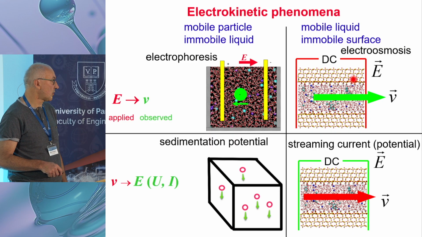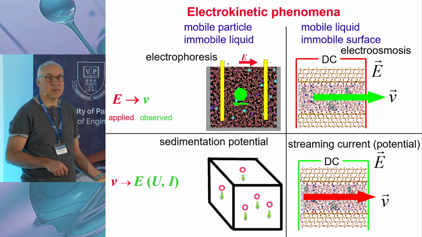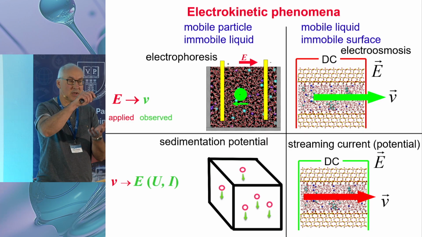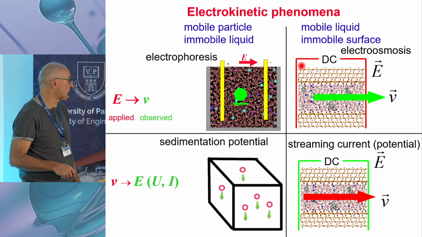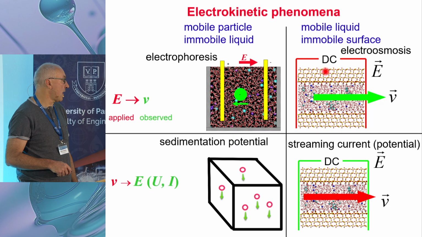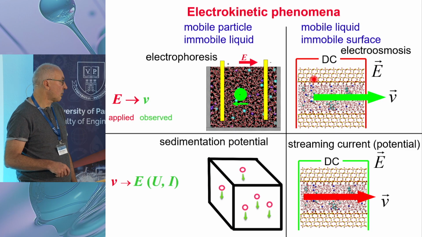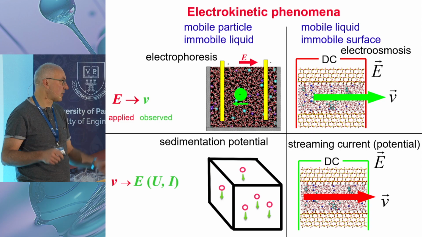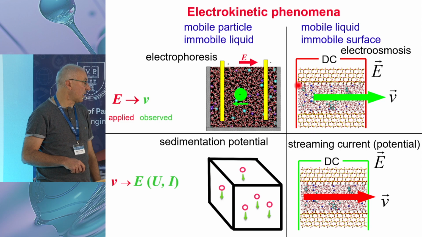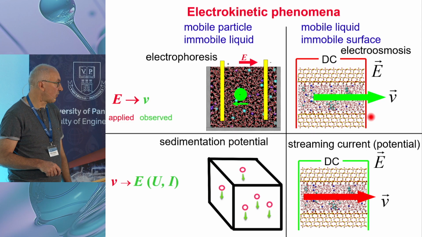In this case, you have a solid surface. It can be a cylindrical capillary. It can be some planar slit. And again, the surfaces will be charged, and then there will be some counter ions in the aqueous solution. You apply an electric field from left to right, like between the two ends of the capillary, and it will cause a motion of the liquid.